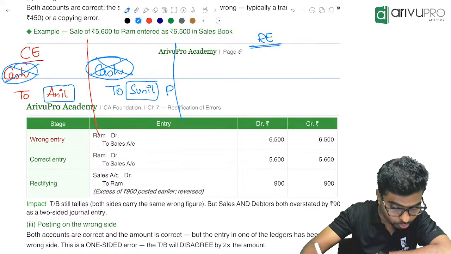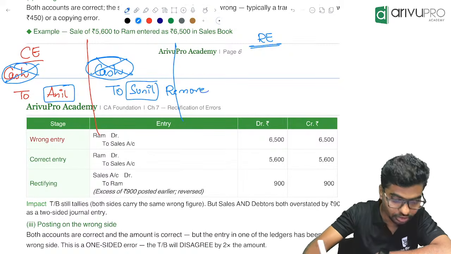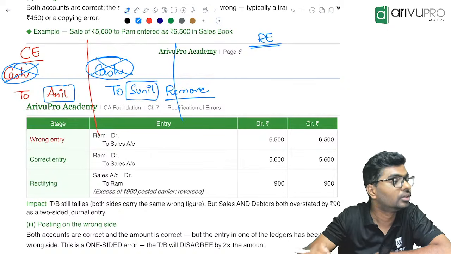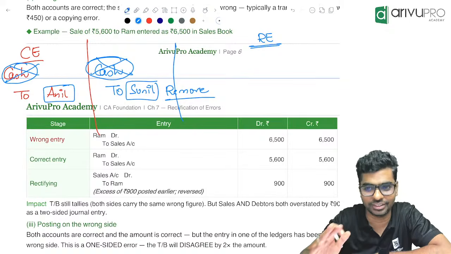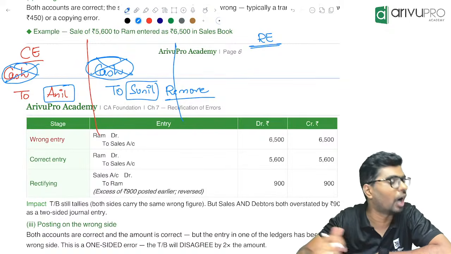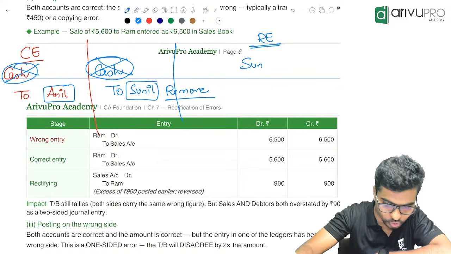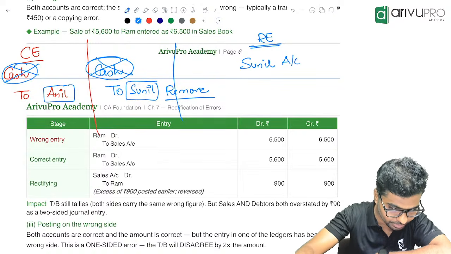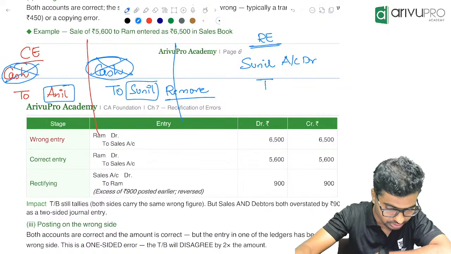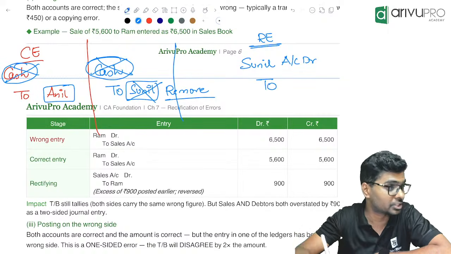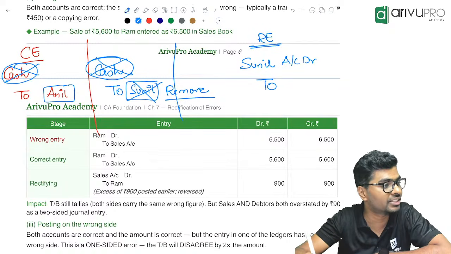First I have to remove Sunil. How do I remove Sunil? By debiting it. Sunil account debit. Now this place got empty. Who will come and fill this place?